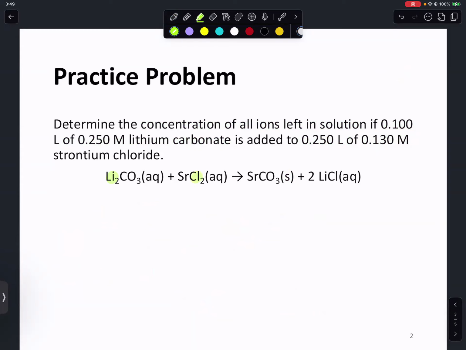We can determine the concentration of these ions left over from the initial concentrations given to me in the question right here. So, starting with molarity.